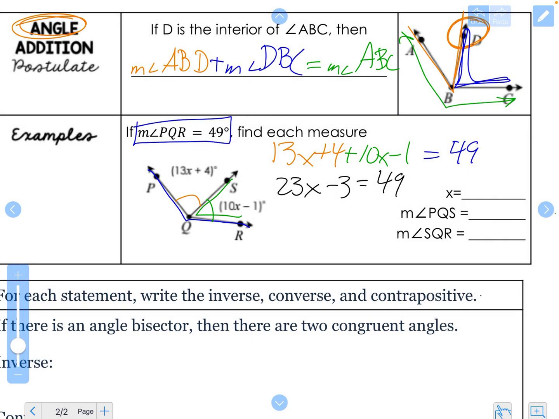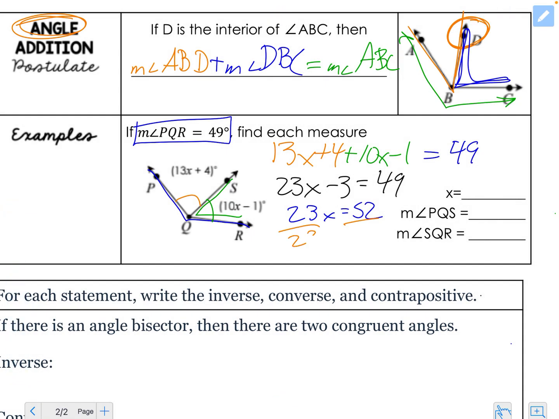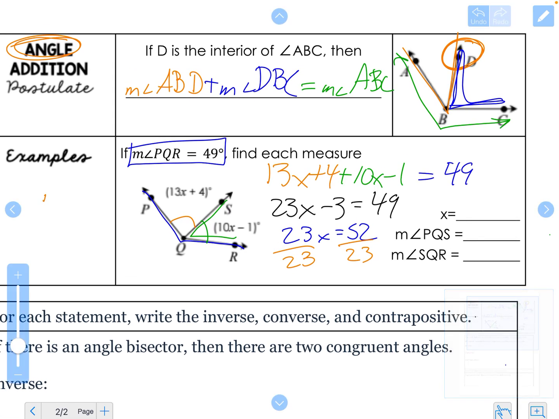Now I need to go through my equation steps. I'm going to add 3 to both sides, so 23x equals 52. Let me check that with some guess and check. 23 times 2 is 46, another 23 is 69, so that's not correct.